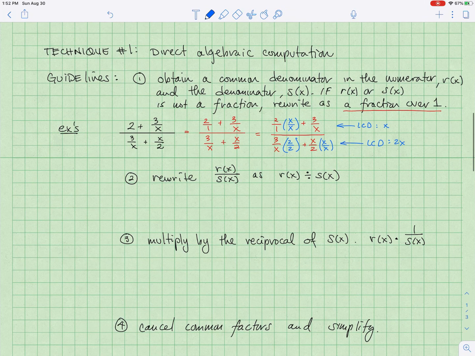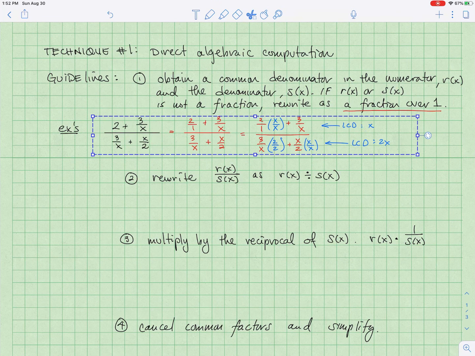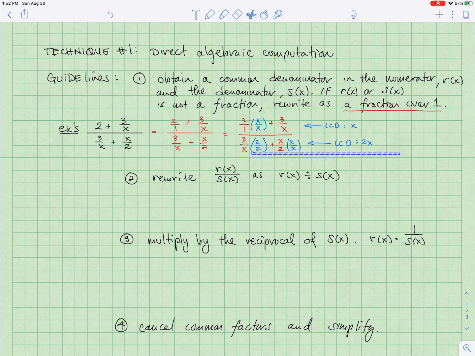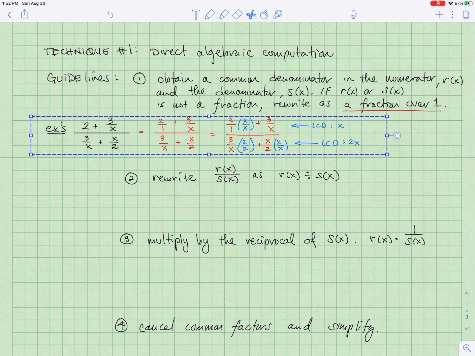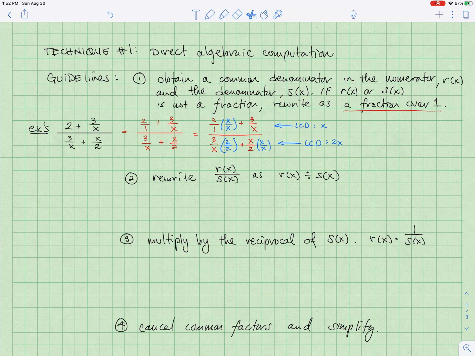So what do we have here? The result is 2x plus 3 over x divided by 6 plus x squared over 2x.